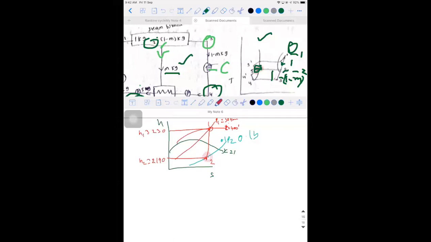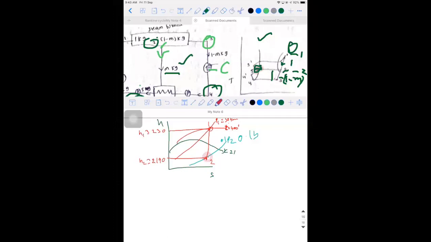310. You straight away draw this Mollier diagram. Draw the isentropic line from 1 to P2 equal to 0.1 bar. And what is the outcome? 310, are you there?